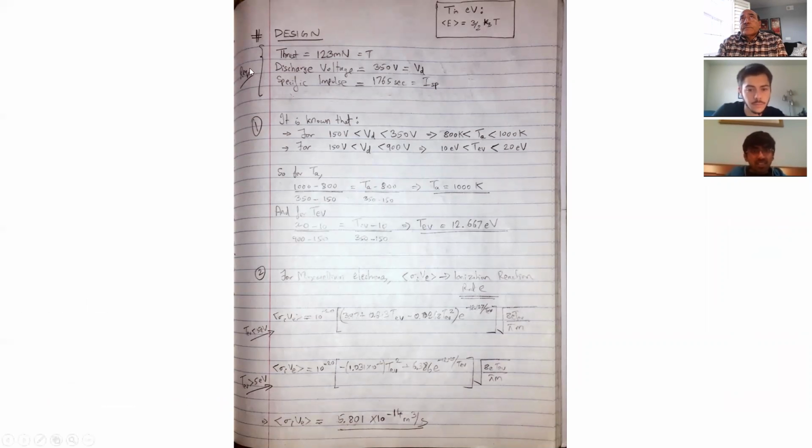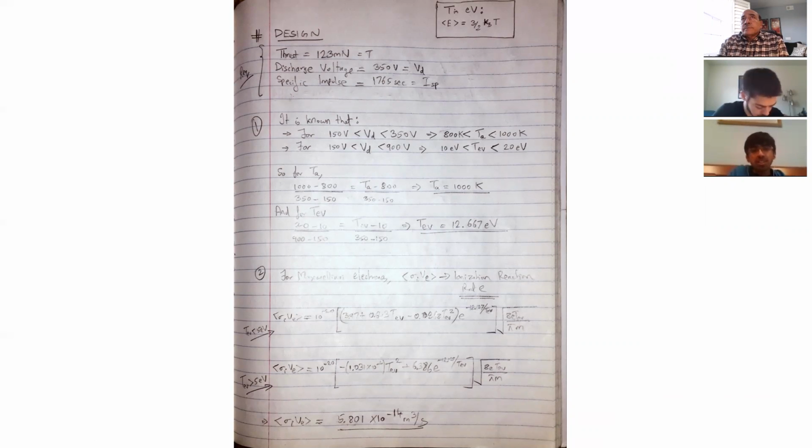So first we have a thruster, which has certain requirements. Let's say I just put in the same values that I found from the picture that I just showed you, the Aerojet 2 kilowatt thruster.